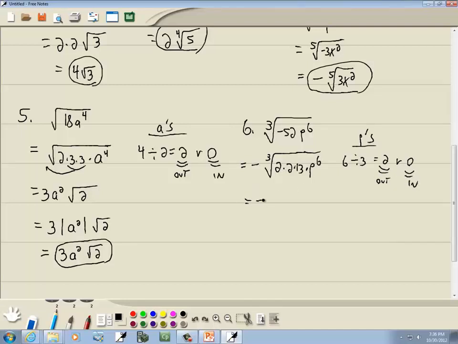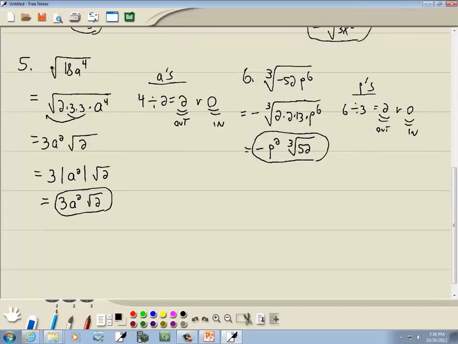So we got the negative out in front, and we're going to have 2 p's come out, and we're going to have 0 p's stay in. And then 2 times 2 times 13 gives us 52. And that's our answer. Now notice I didn't try to put absolute value bars around here. The only time you have to worry about the absolute value bars is when your index is even, and not when it's odd.